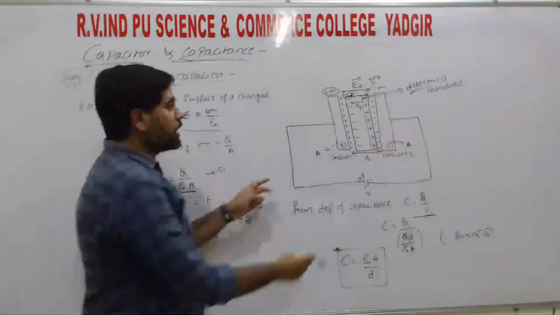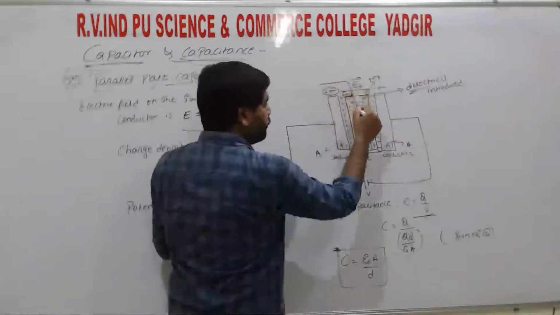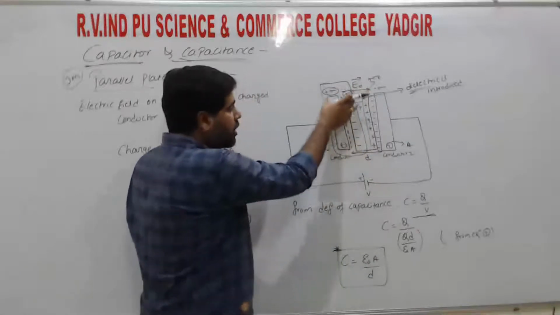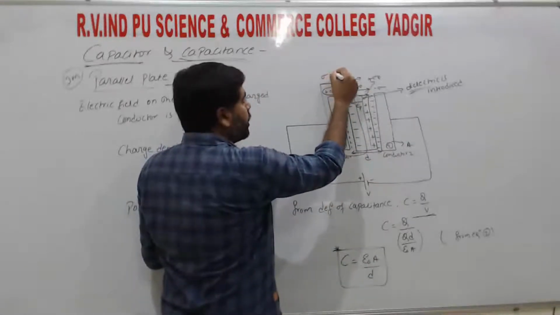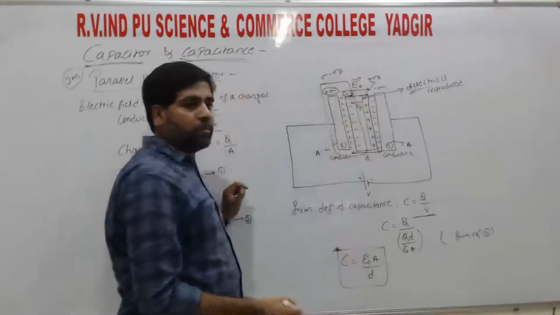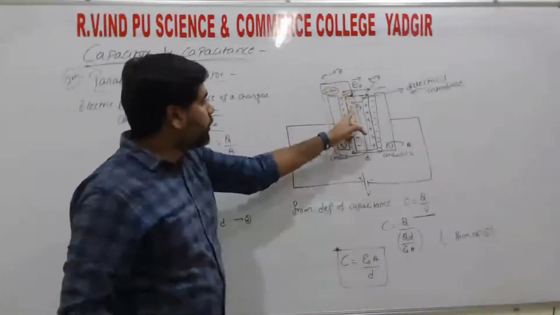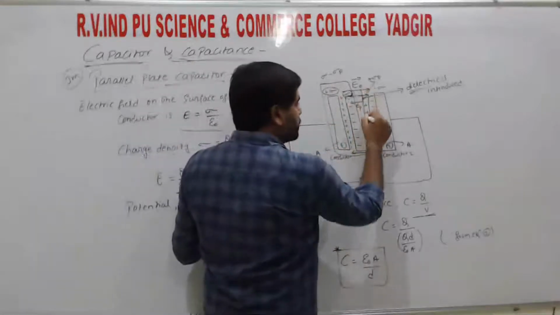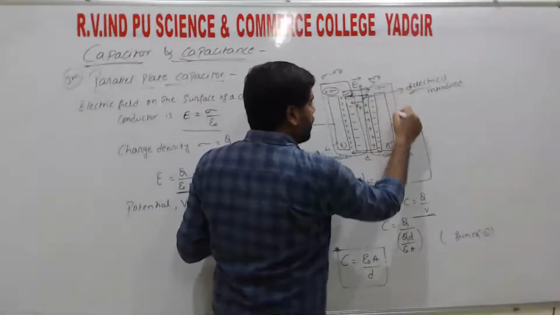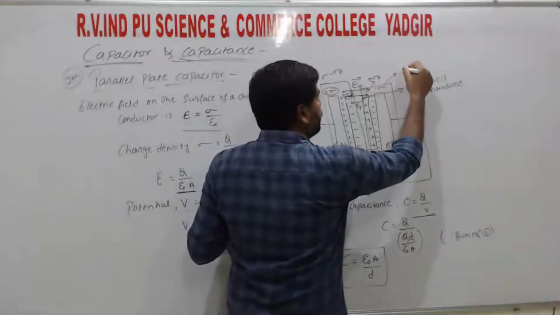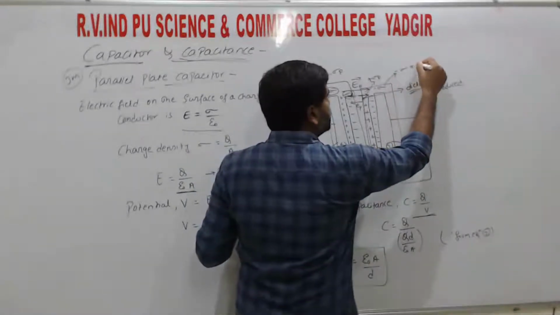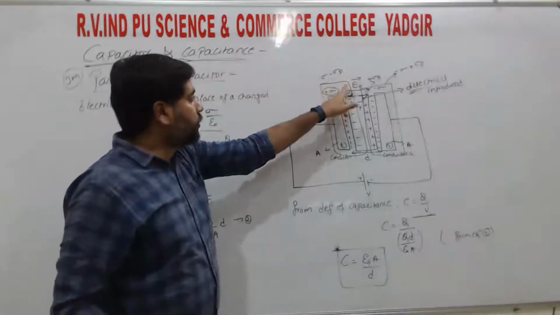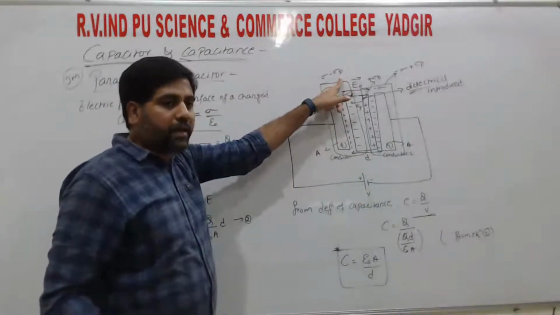Considering overall, the total net charge density on conductor 1 is sigma minus sigma p. This minus sigma p is due to the dielectric. The surface charge density on the second conductor is minus sigma plus sigma p, where sigma p is the surface charge density due to the dielectric.